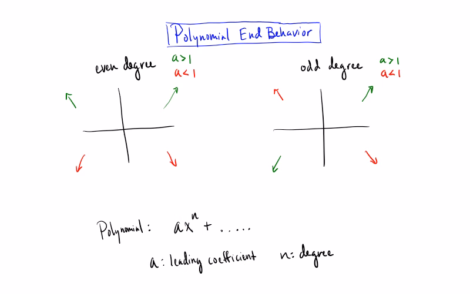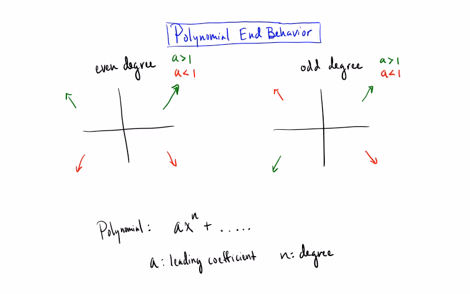Really, those two things, the degree and the leading coefficient, tell you everything you need to know about end behavior in a polynomial. So first of all, if you have an even degree, in other words if n is even, if your highest exponent is even, then it's going in the same direction on either end.